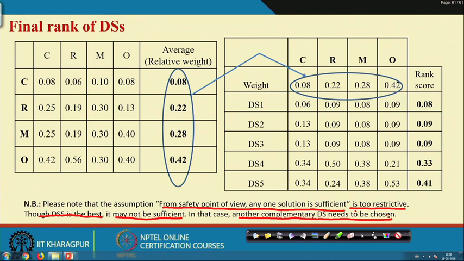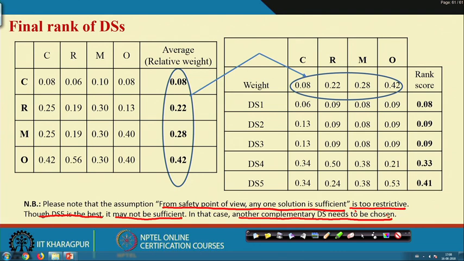We said it is sufficient, but only the experts, the design engineers and safety engineers having design knowledge, process knowledge and hazard knowledge, will be able to tell whether it is correct or not.